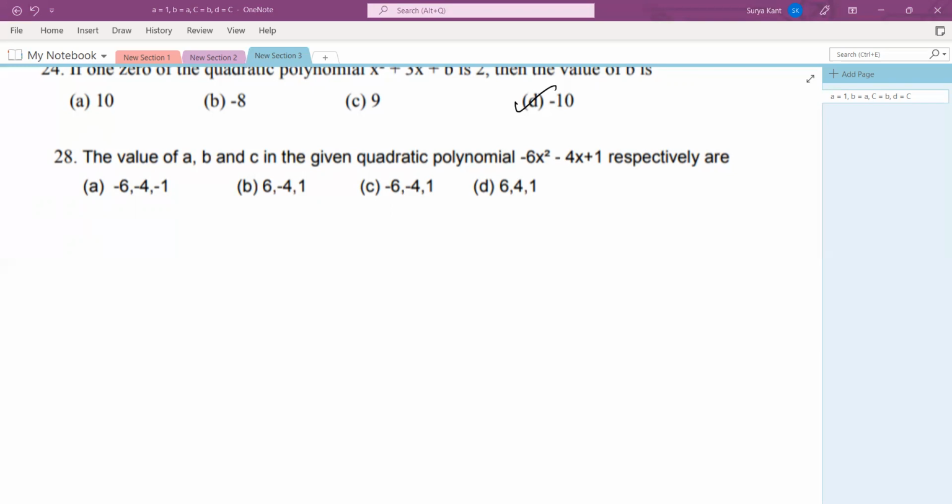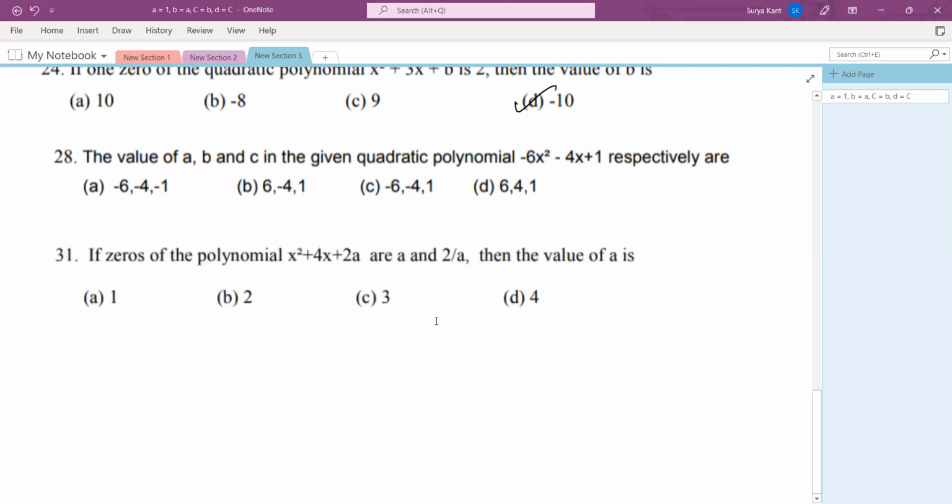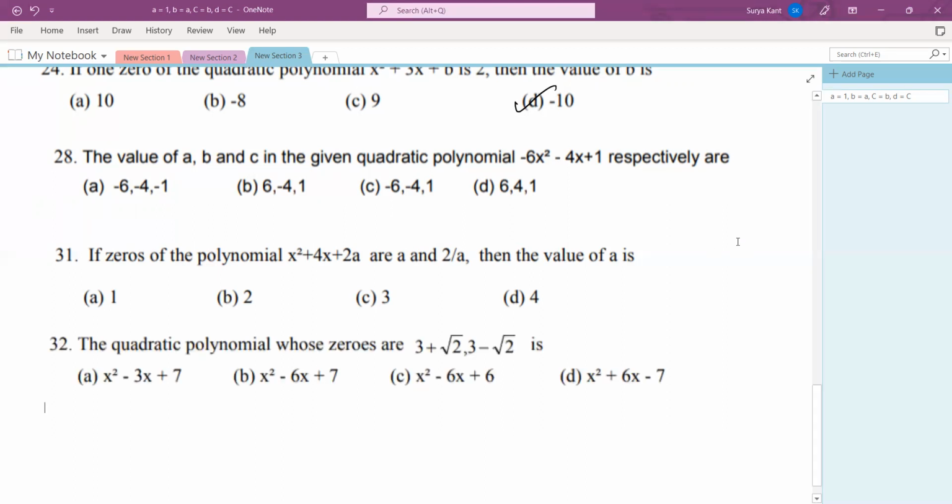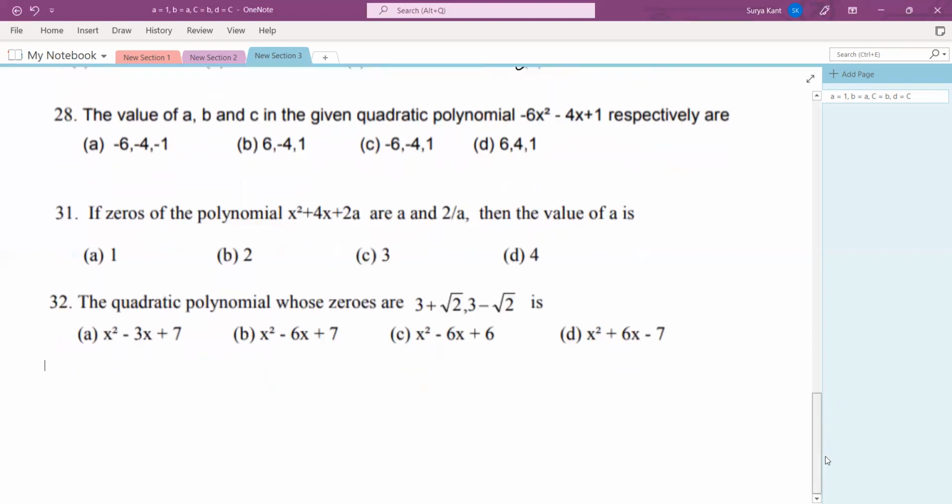Next question. You tell me question number 31. All of you tell me 31, 31, 31. 31, 32, tell me the answer for this.